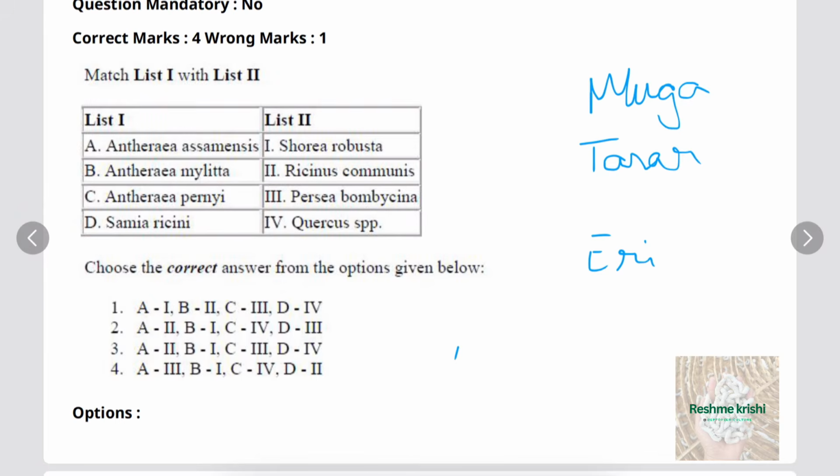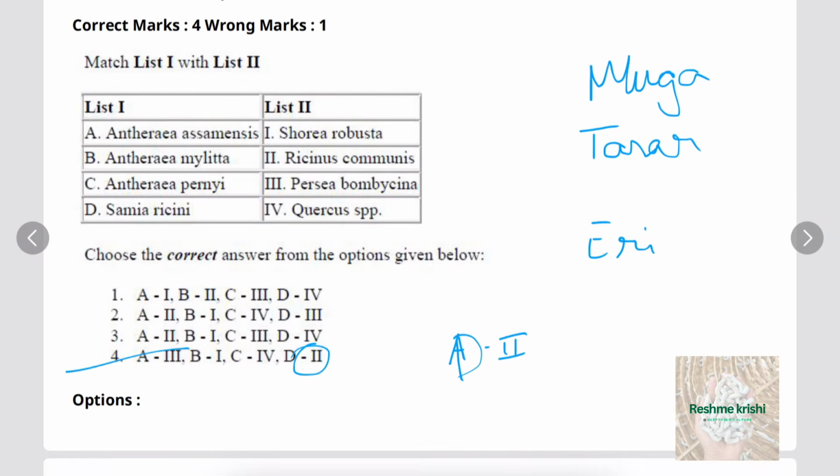Assamensis, okay, eri, it's on what? Ricinus communis. So A is 2. Sorry, D is 2. D is 2, where the answer is there. Take it.